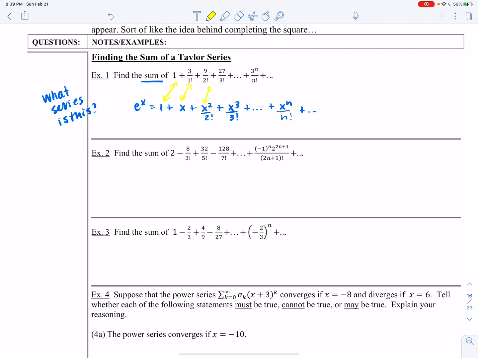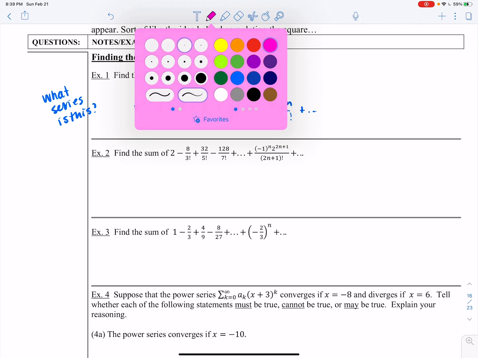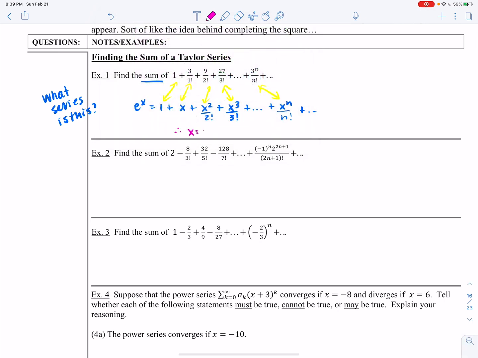I can see some squares. I can see some cubes. It looks like x is 3. So if x is 3, that would make e to the third power 1 plus 3 plus 3 squared over 2 factorial plus 3 to the third over 3 factorial and so on and so forth.